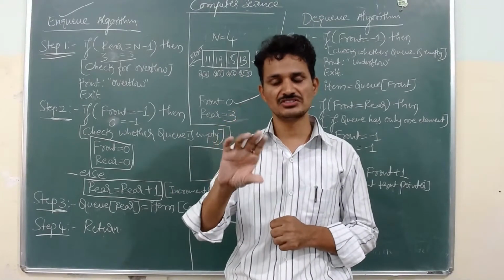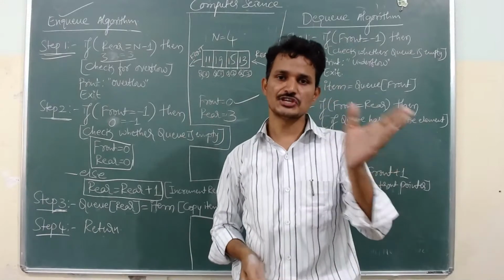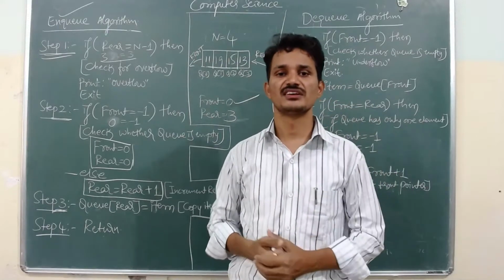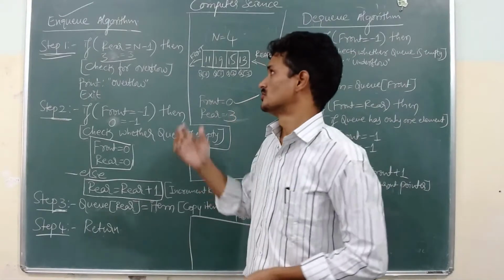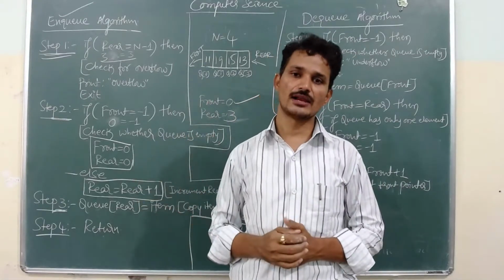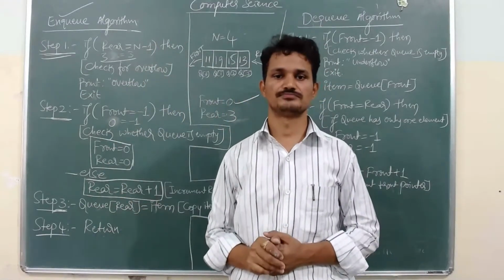You need to remember these two conditions. And when the queue is full, front is equal to 0 and rear is equal to n-1. You must be aware of these two conditions to deal with these two algorithms. This is about the Enqueue algorithm.